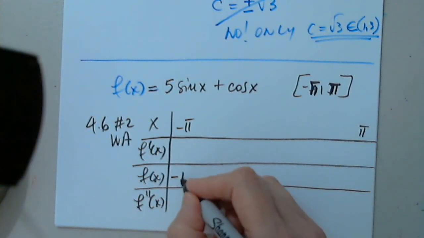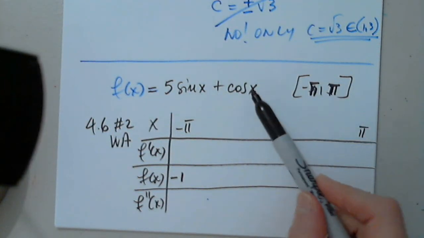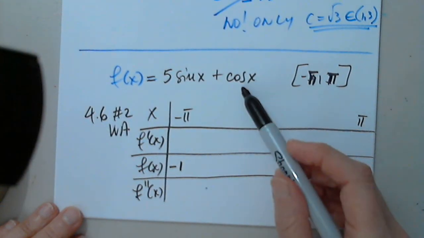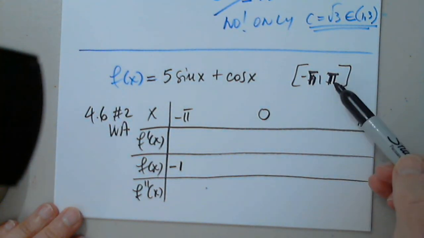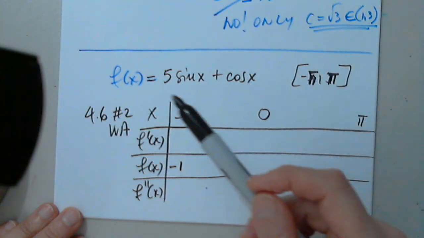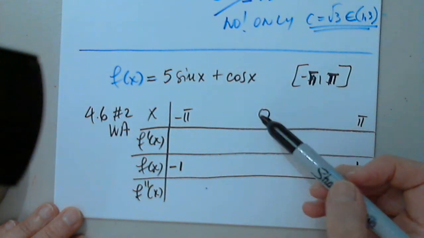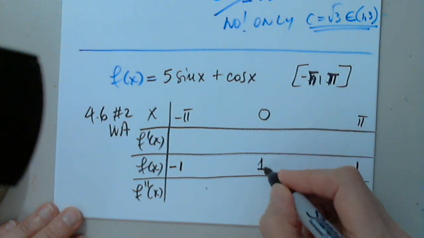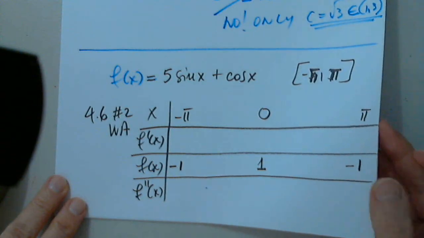So it's going to be negative 1. At pi, this is 0, this is negative 1 as well. At negative pi, still 0, still negative 1. When x is 0, this is 0, and this is 1. Okay. Does it have other solutions?